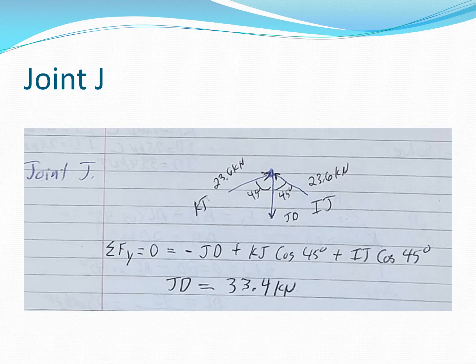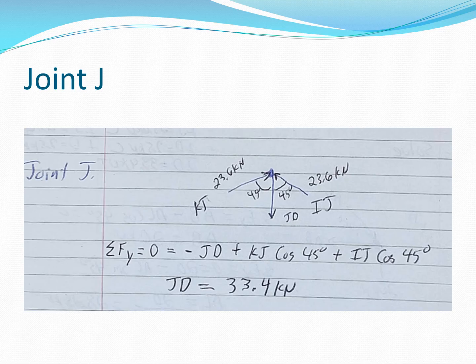So we're getting to the end here. The last piece we need is this JD member, right? That's the one that's unique. It bisects the truss and gives us our symmetry on both sides. So we know we just solved for KJ.